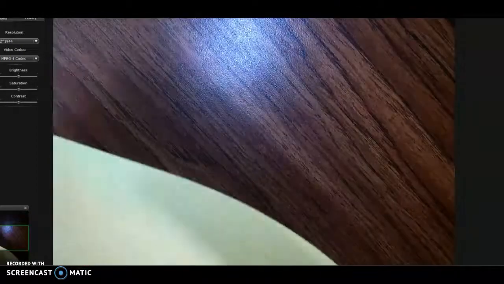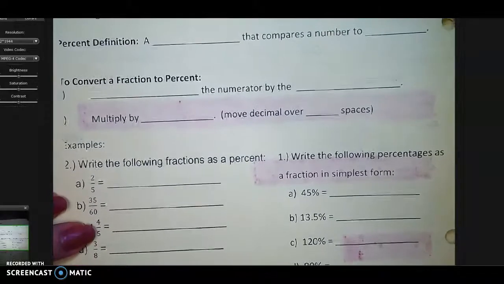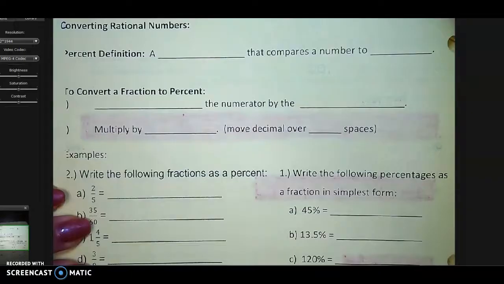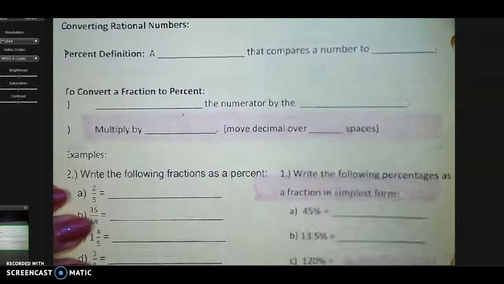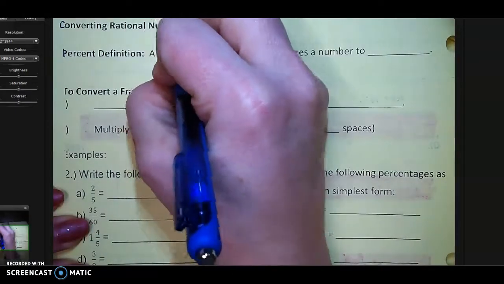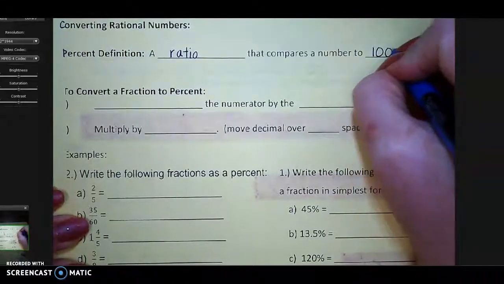On the back of that paper here, one of the things that you have done in the past, and one thing that we just want to catch you back up on, is converting rational numbers. So the definition of a percent: it's a ratio that compares a number to 100.